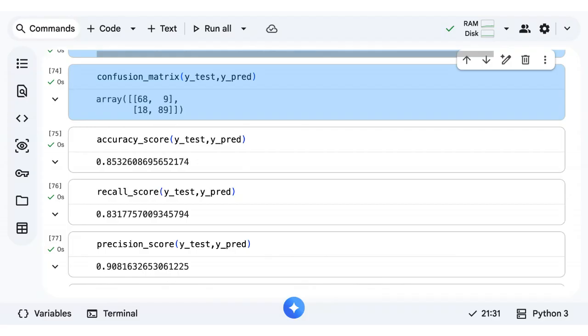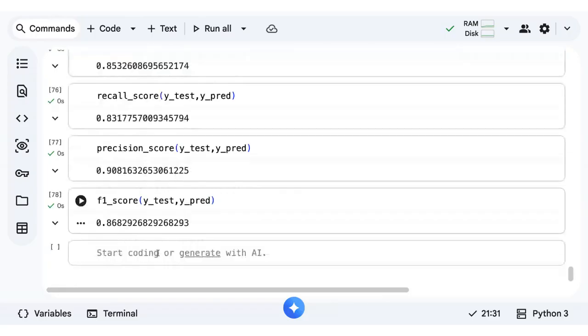See, my problem statement is related to predicting whether a person will have a heart attack or not. Heart attack risk, in the sense, high risk is one, low risk is zero.